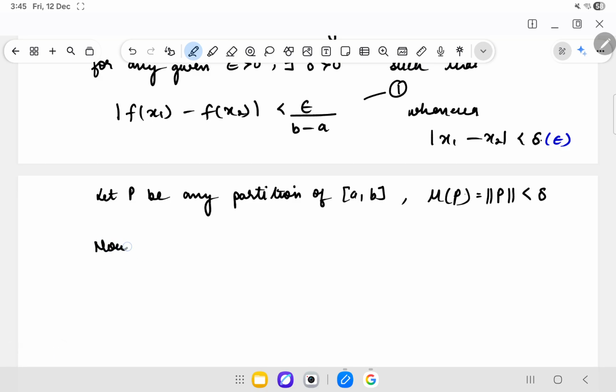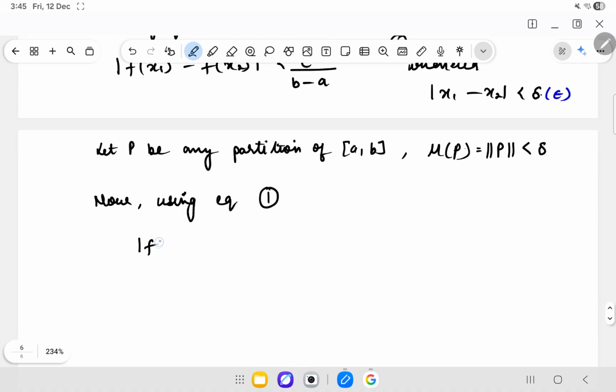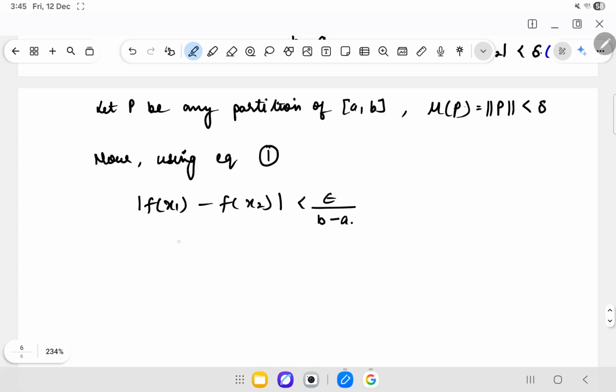Now using equation 1, which states that f(x1) minus f(x2) is less than epsilon divided by b minus a. Since our interval [a, b] is closed and bounded, the function attains its maxima and minima within the interval. So there exists some point within the interval at which function f attains its maxima and minima.